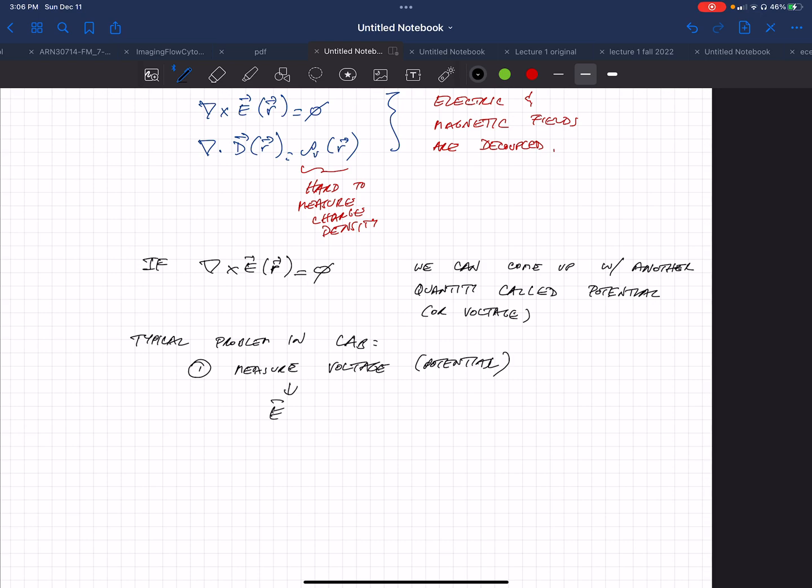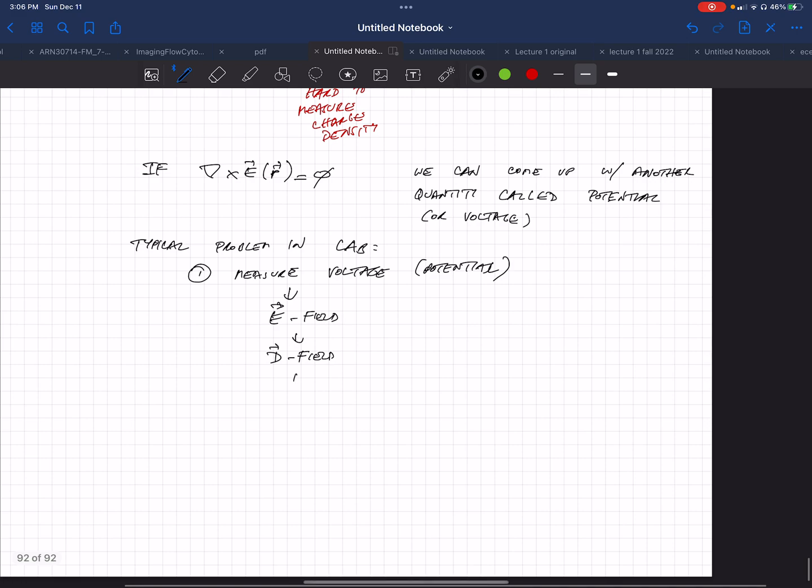From there, you get the E field, and from there, you get the D field, and from there, you get the charge density. That's what you typically end up doing.